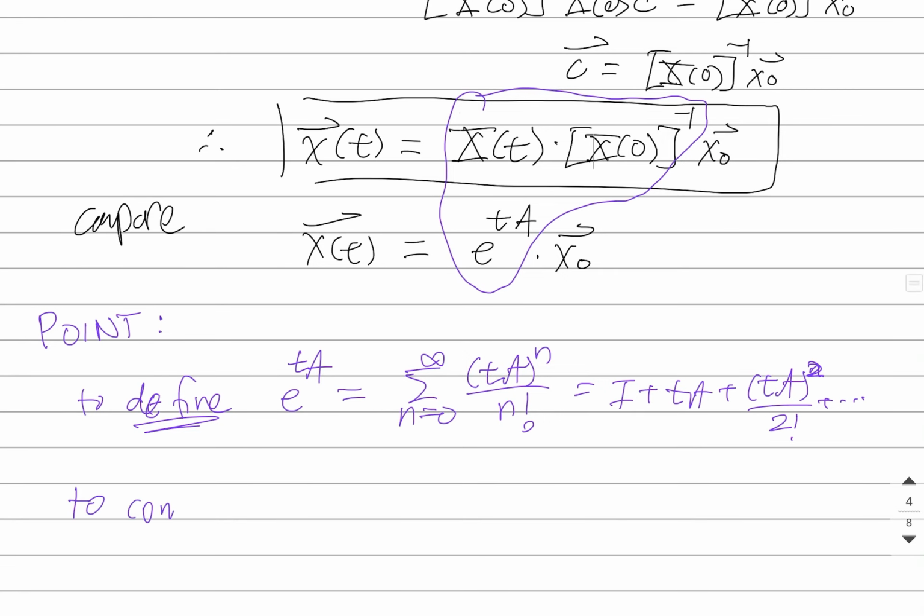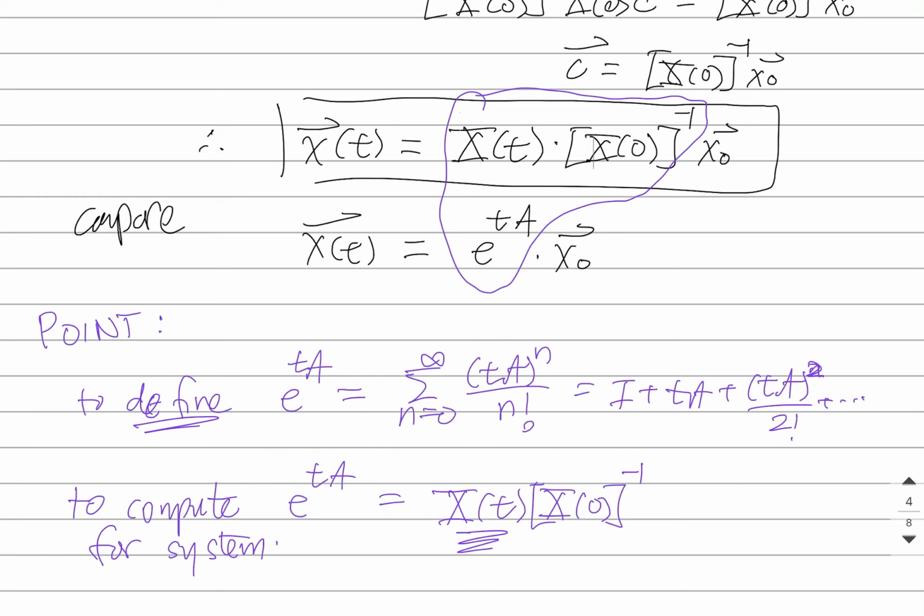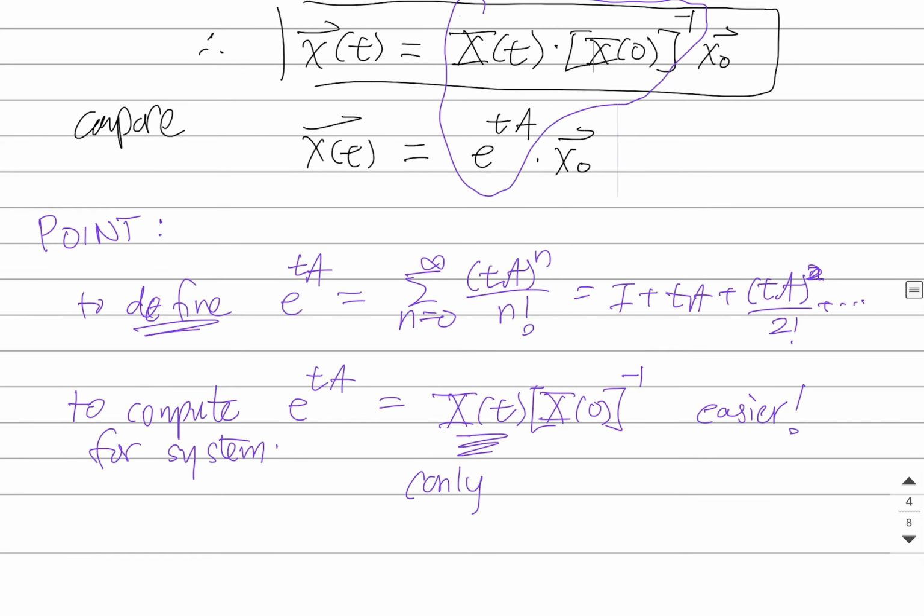But if we actually just want to compute this matrix exponential for a system of DEs, then we're in luck. Then all we need to do is just calculate the fundamental matrix and then form this inverse. This is definitely easier. Now again, it only applies in the context for a homogeneous system like this, but we won't care because that's exactly the context we want to be in.